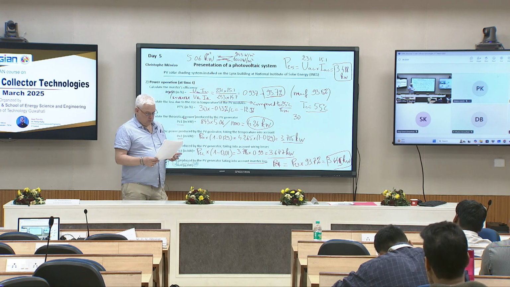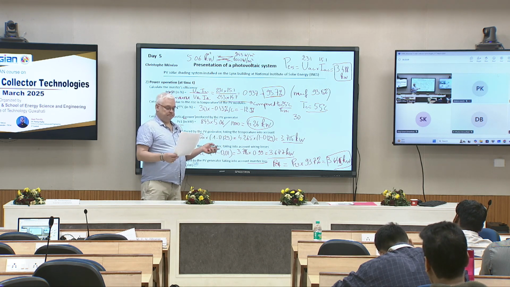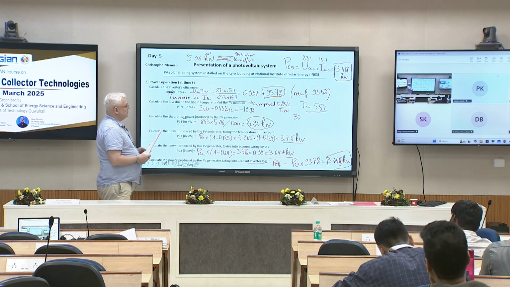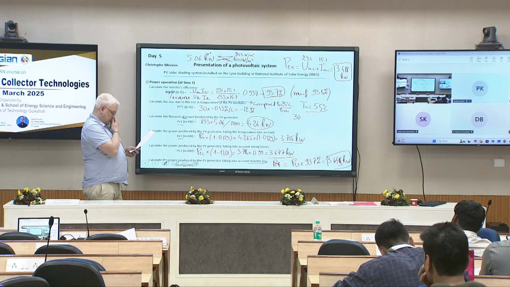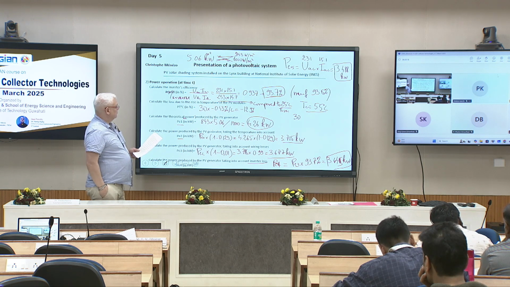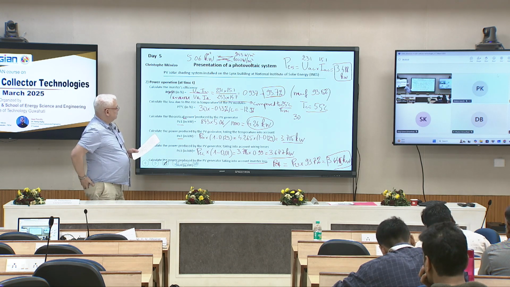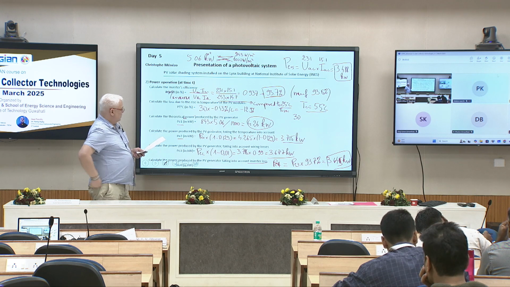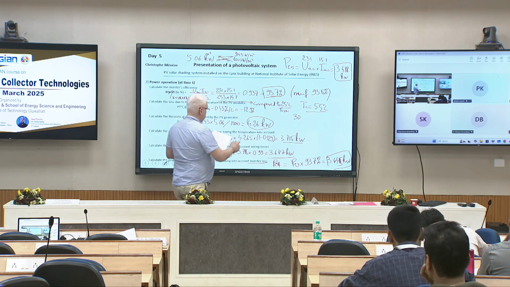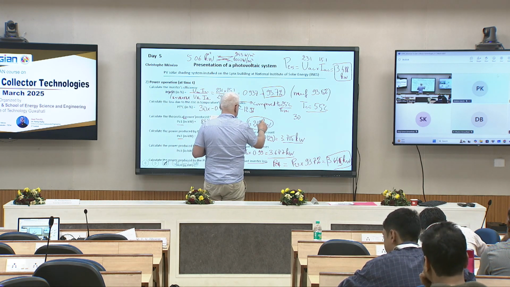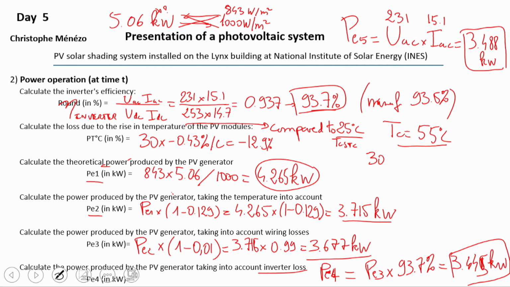Now we will compute the performance ratio. So what is the performance ratio? I forgot, there was a 5 here. So how can I compute the performance ratio?